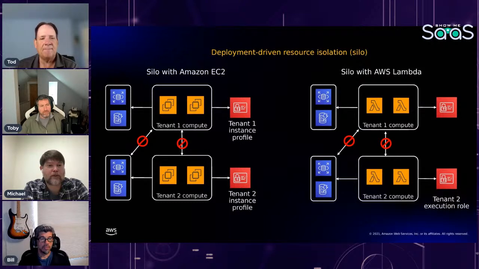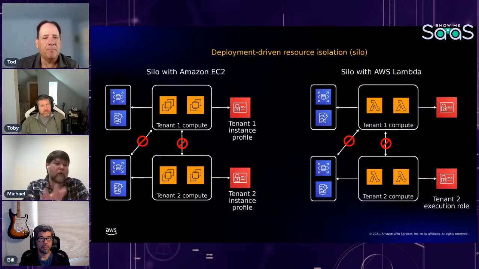Well, if you have tenants sharing that resource, then they're all going to be sharing that same set of IAM policies, which is going to defeat your purpose. So this only works when the resource that you're applying that profile to, whether it's a task execution role in containers, an instance in EC2, or an execution role for Lambda, can only apply to one tenant at a time.